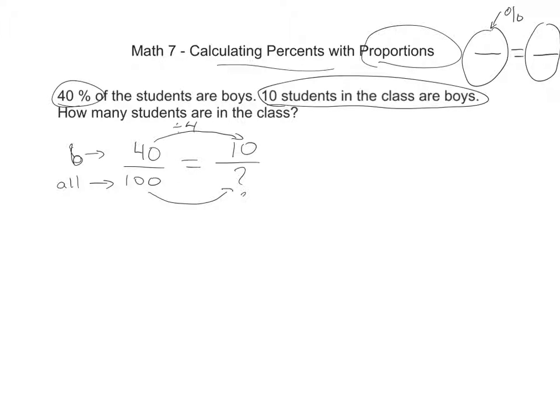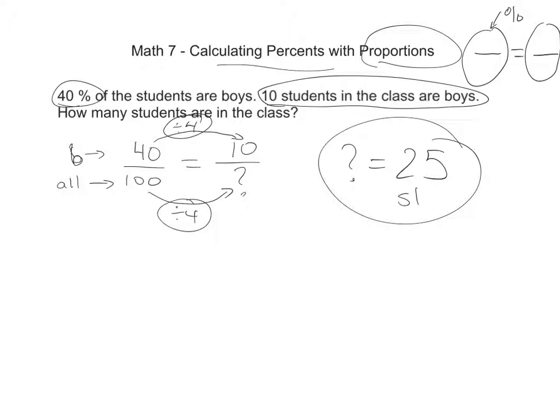On the bottom, I need to do the same in my proportion. 100 divided by 4 tells me that the question mark here is equal to 25. So if I have 10 boys in the class, that means there are 25 students in this class. This is one way of solving problems with percents with proportions.